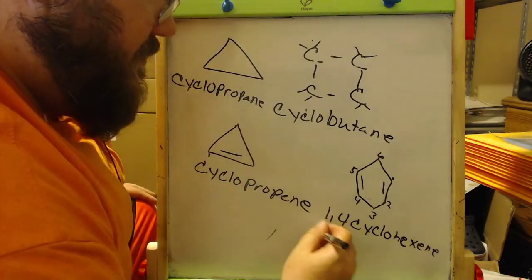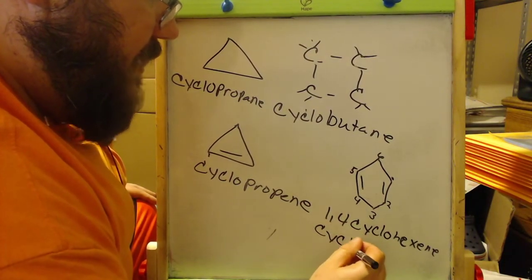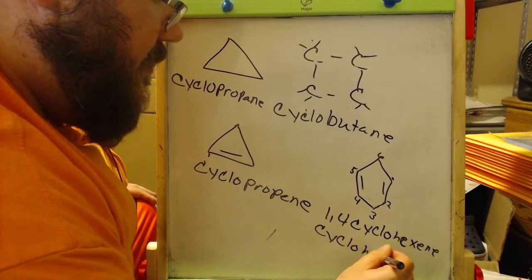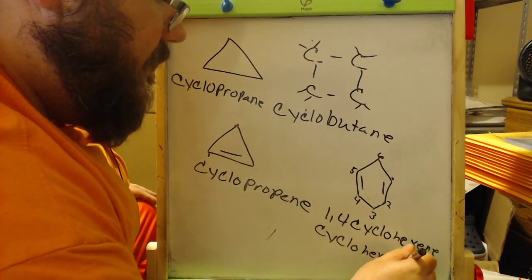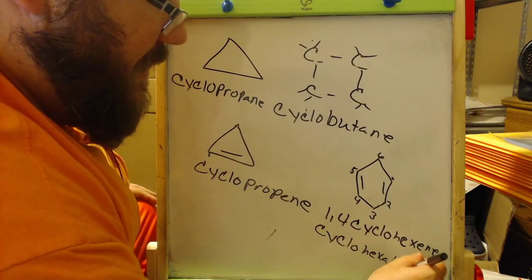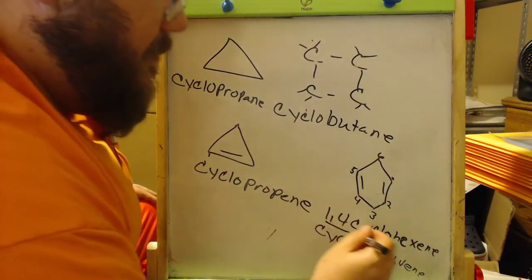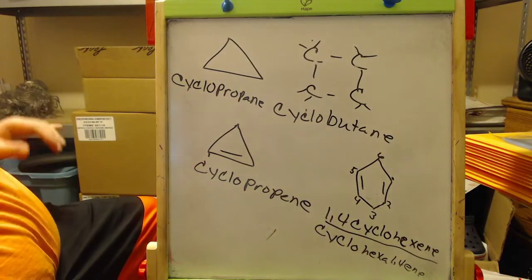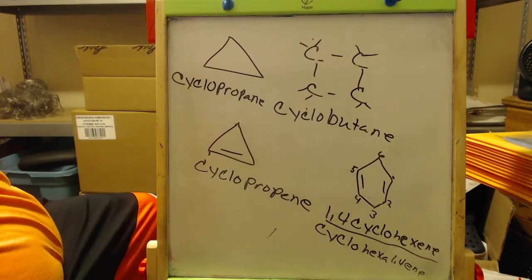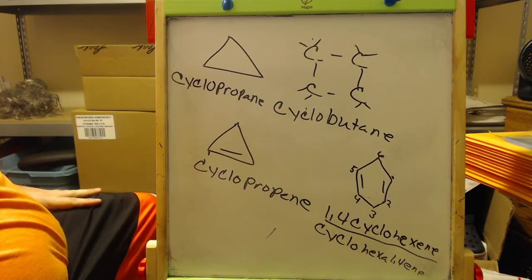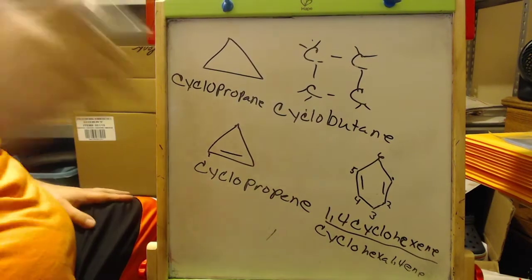Or you could do this the new way. Cyclohexa 1, 4 ene or diene, however you want to. But the common way you usually see, the new way of naming kind of dies with the cyclic compounds, and you end up with 1, 4 cyclohexene.